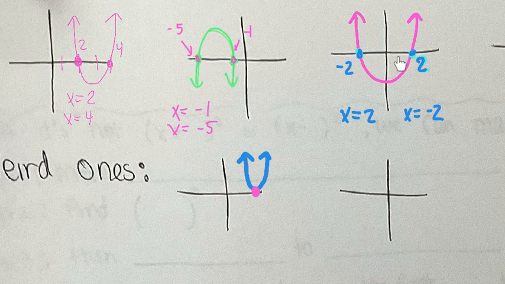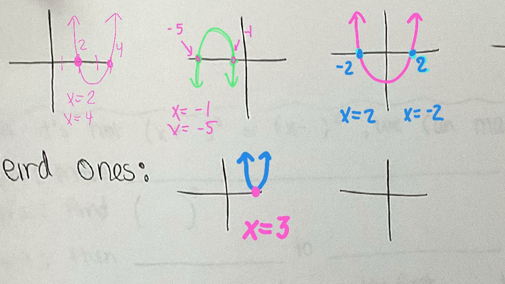It crossed here and here. It's only going to cross once. We might have a question that only has one x. x equals, let's say, 3. It only crosses once. Like the vertex is on the x-axis. Therefore, there's only one answer.